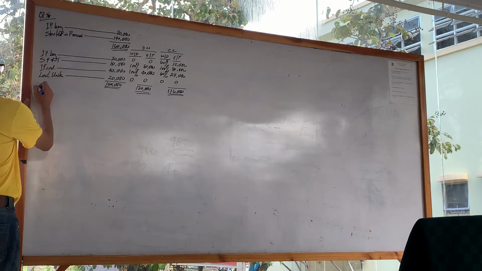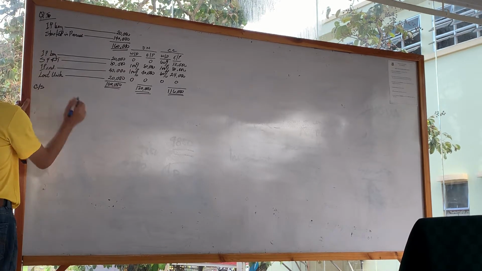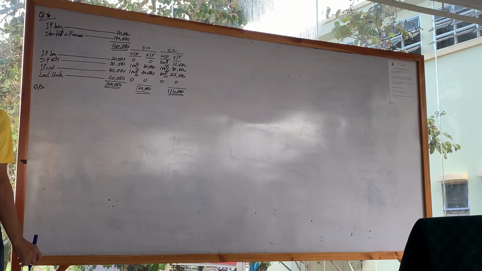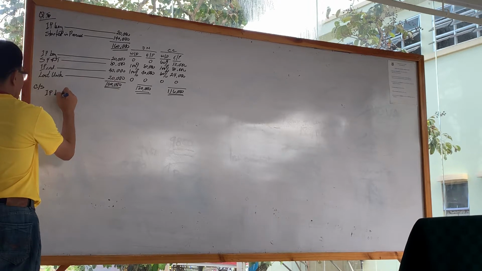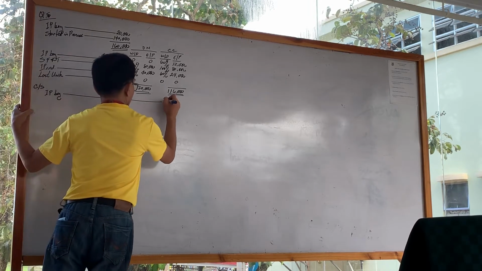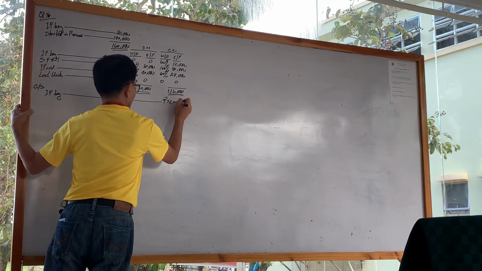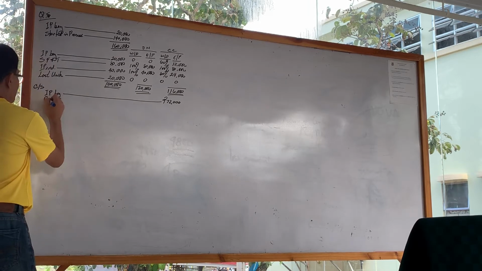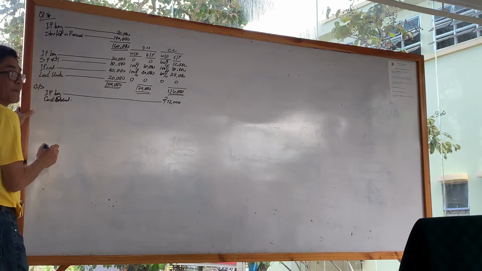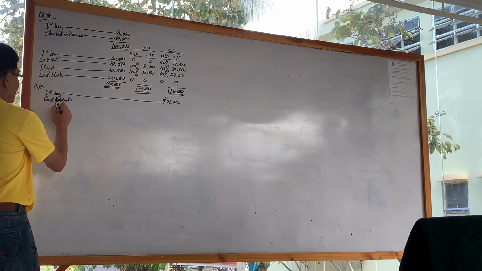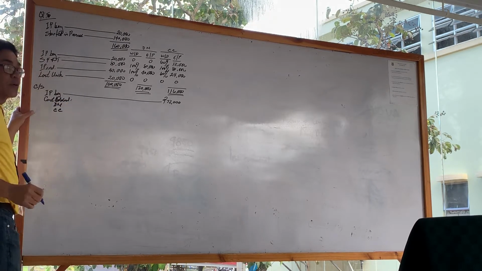Let's move on to your cost analysis schedule. We have in process beginning 72,000. Cost added. Direct materials, conversion costs.